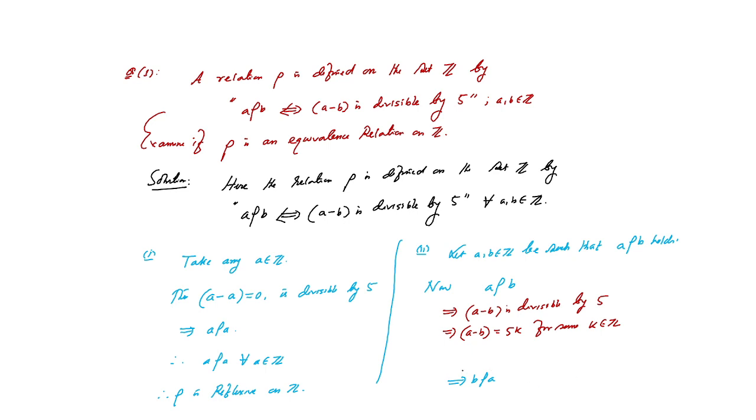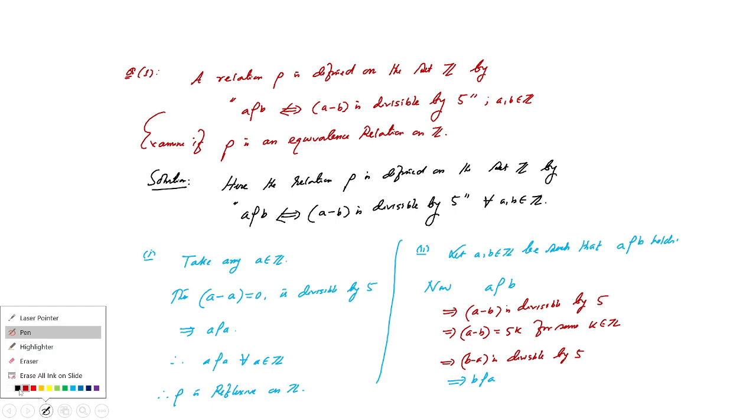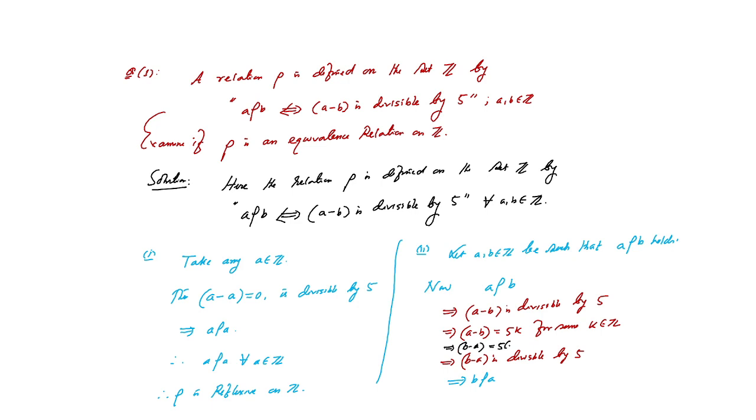But we need to show B rho A. That means B minus A is divisible by 5. How will you show B minus A is divisible by 5? Here you just take the minus sign: B minus A will be 5 into minus k. Now since k is an integer, minus k is also an integer. So that means B minus A is divisible by 5. So B rho A holds.